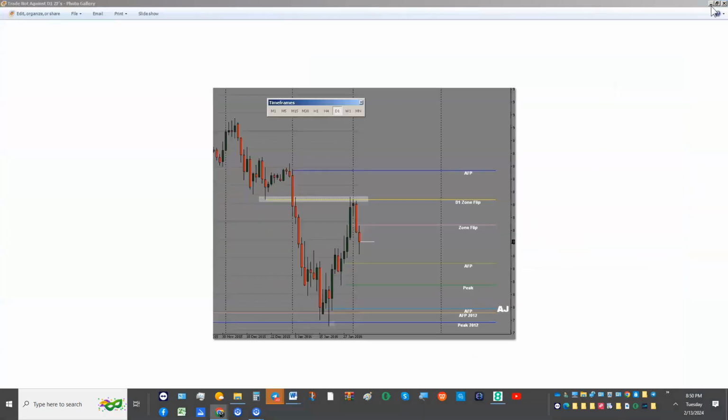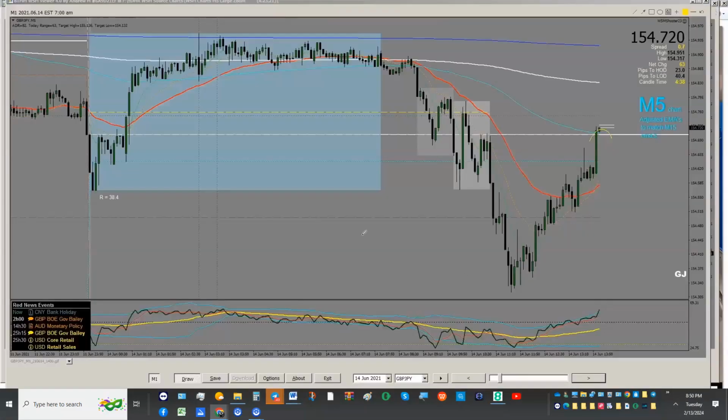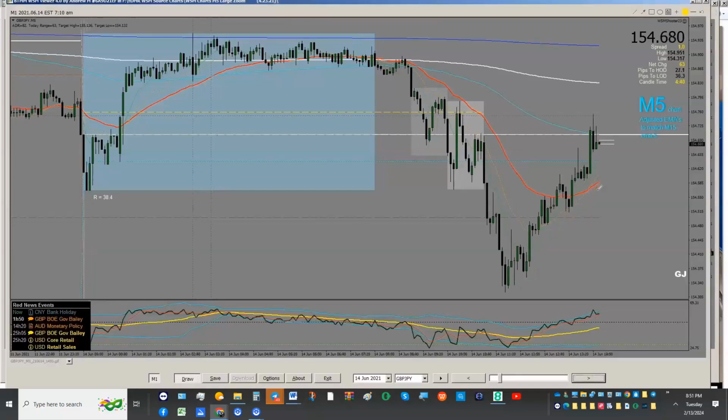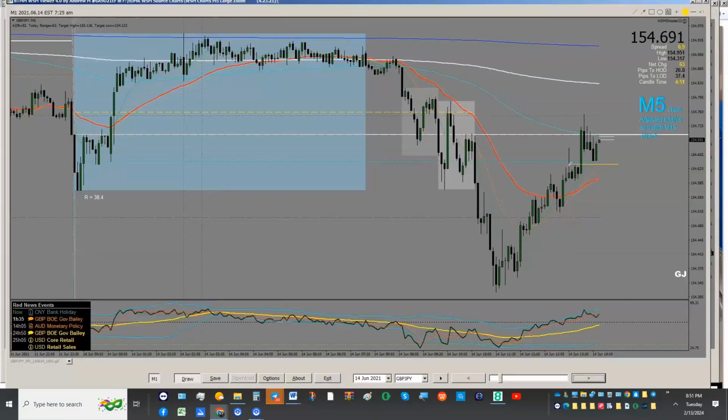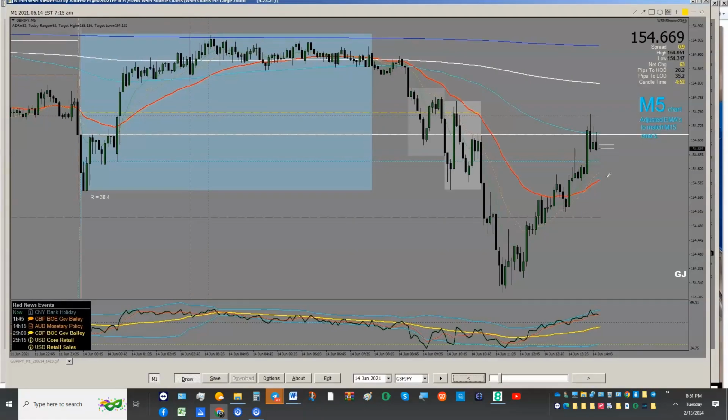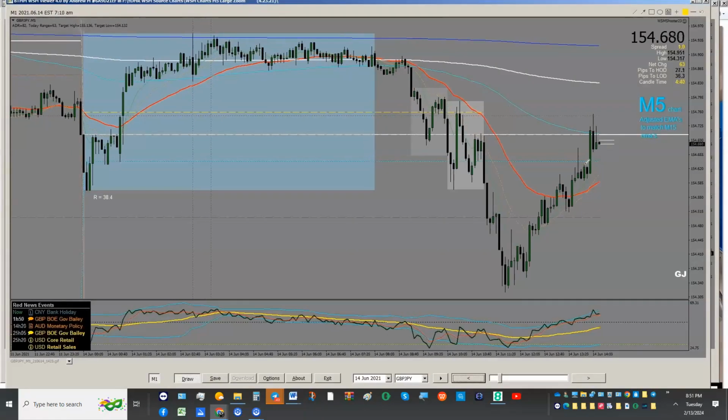All right. So understand that when we look at the WSM viewer and we roll through these zone flips, especially this one right here that we rolled through, you want to get that out in front of price. So you wanted to have that area mapped out way before we got there.